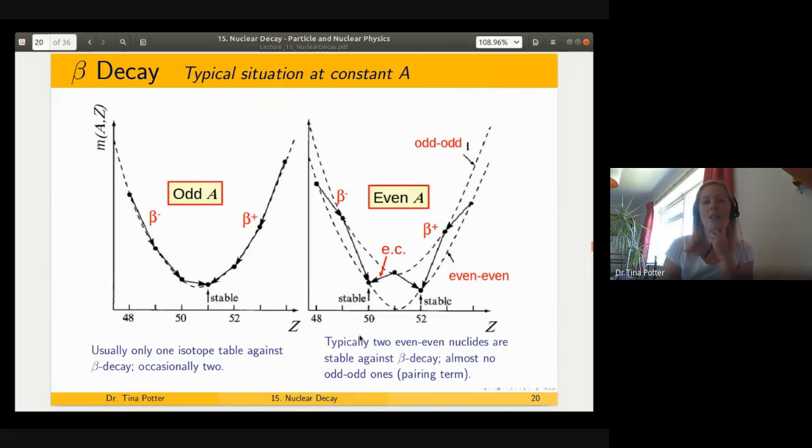So the two situations that we have depend on how many nucleons we have. Let's say we've got an odd number of nucleons, so either an odd number of protons or an odd number of neutrons. We can undergo beta plus decay and decrease the number of protons until we get to our stable point, our point of lowest mass.